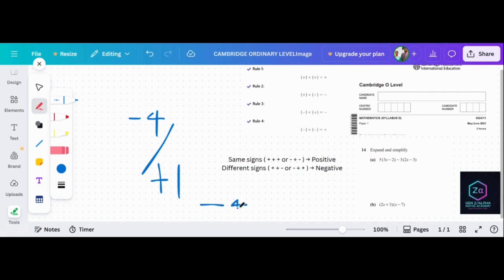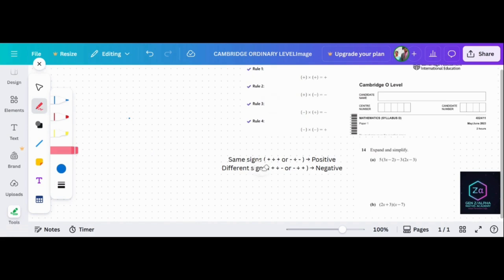So these are basics. You have to remember those basics when you are doing such kind of questions, right? So this is the summary.